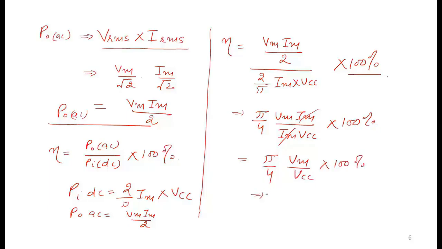As we know that the Q point is at cutoff point, so we can show that Vm is equal to VCC minus Vmin. This is the Vm in case of output, divided by VCC into 100%. So we can write eta is equal to pi by 4 into 1 minus Vmin by VCC.